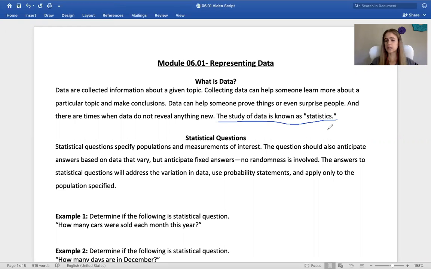All right, with data and statistics, there are lots of times that we can use this in our day-to-day lives and use this in our jobs. One example that I can think of would be with restaurants. So restaurants could collect data on how frequently different items on the menu are ordered.